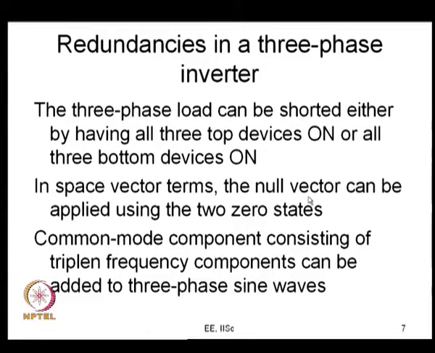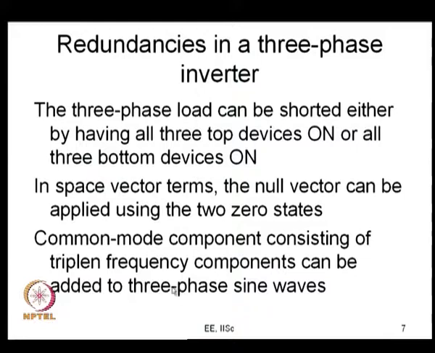So, it is another way of saying that you can add a common mode component to the 3 phase sine waves. You have 3 phase sine waves and you can add some common mode component to them, and this common mode component should consist of triplen frequency components. So, we have seen some examples of this earlier. One of the first examples we saw was a third harmonic frequency can be added.